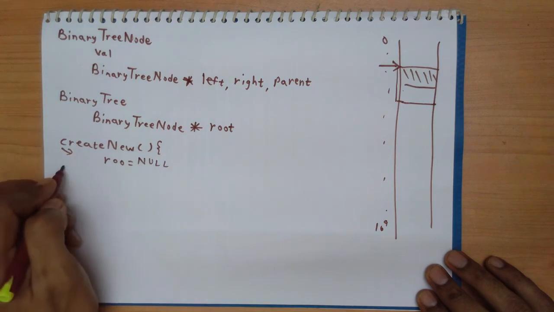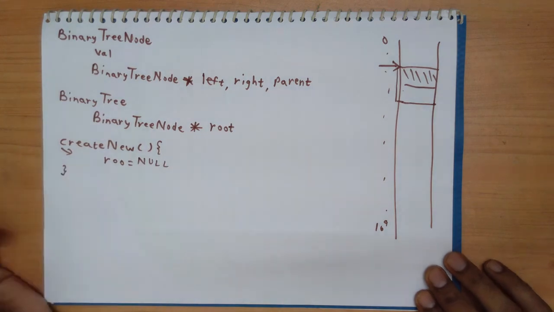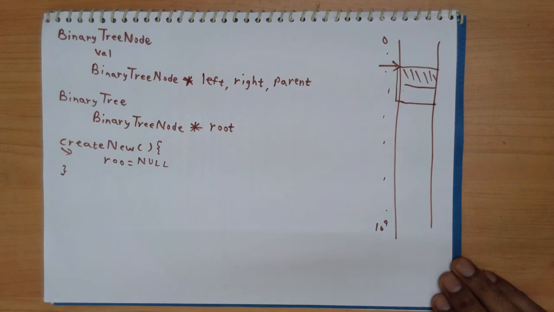This is the empty tree that we create, a tree without any node. Once we have defined an empty tree, we should try to add a new node in our tree.